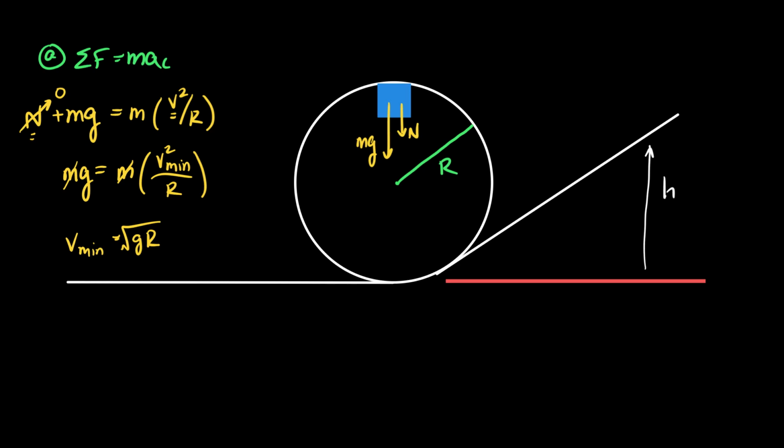So that's fine too. This sounds like a conservation of energy problem. It's asking for a height. And like I said, conservation of energy is pretty good at telling us speeds and displacements. In this case, it's the vertical displacement.